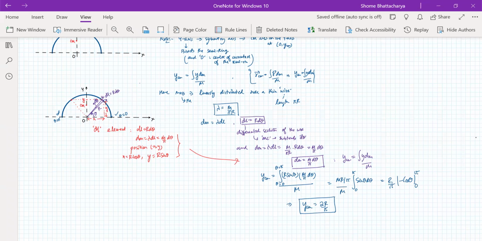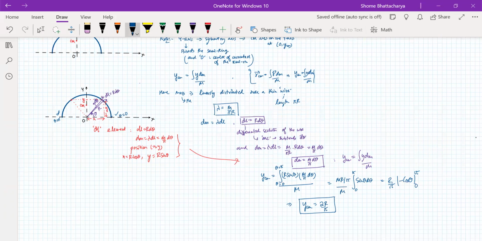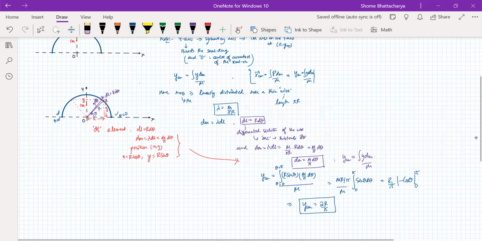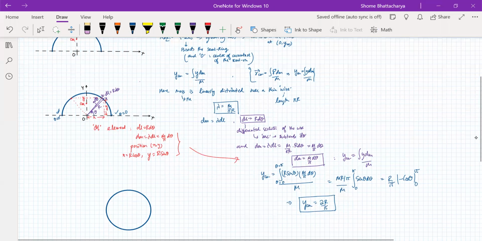So what this is finally telling us is that if we have that semi ring, then the center of mass of the semi ring lies at a distance of 2r by pi from the geometrical center, but on the symmetry axis.